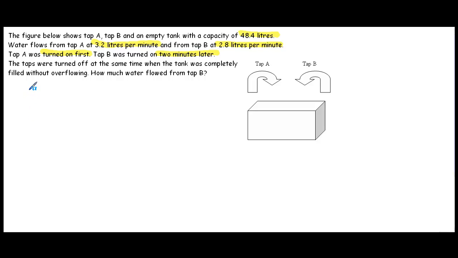So we have tap A, and in 2 minutes, the amount of water that has flowed is 2 times 3.2 litres, and we get 6.4 litres.